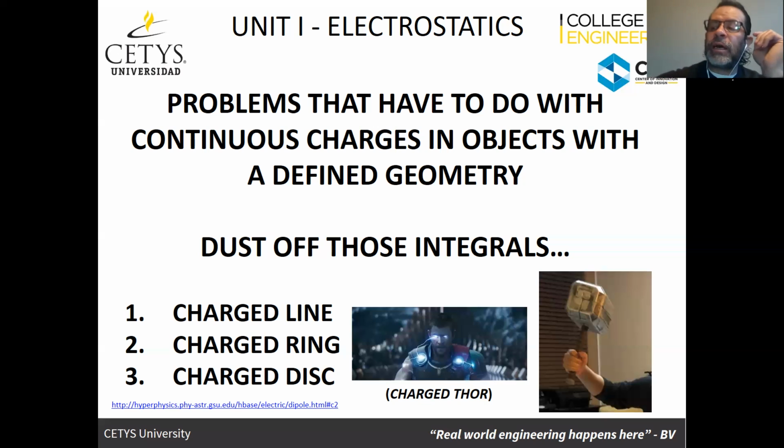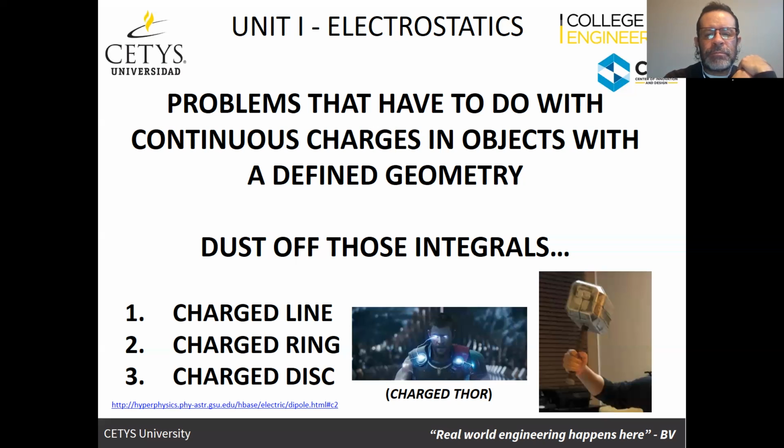Or let's imagine that we have some object that has a surface, and this is electrically charged and is generating an electrical field. So what happens there? And kids, we need to dust off our integral calculus for that.